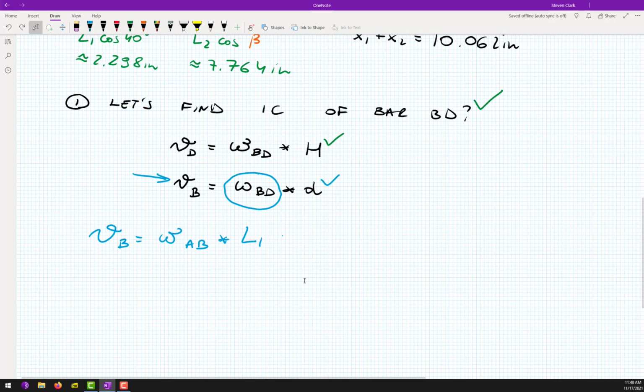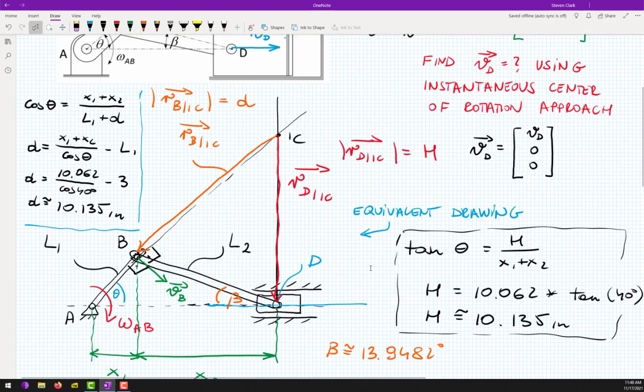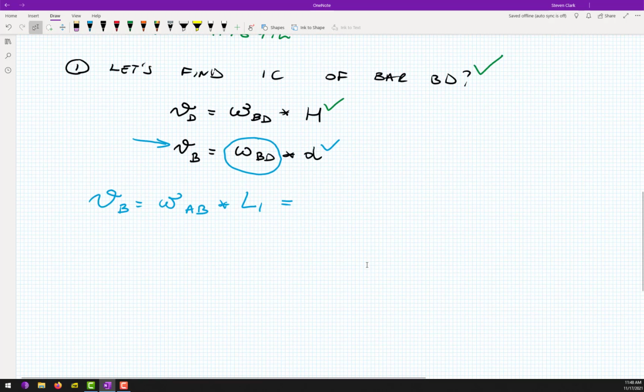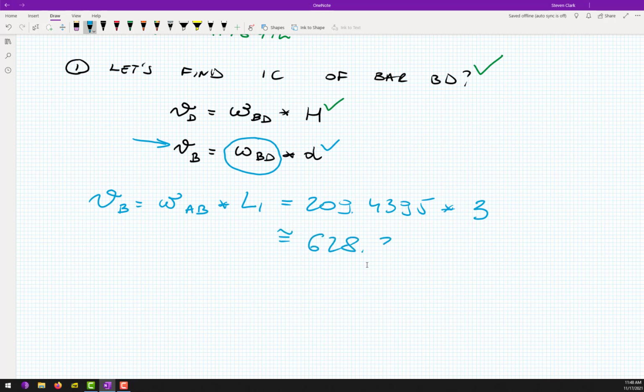Omega AB is 209.4395, and L1 was 3 inches. So you will obtain that this value is approximately 628.3185 inches per second.